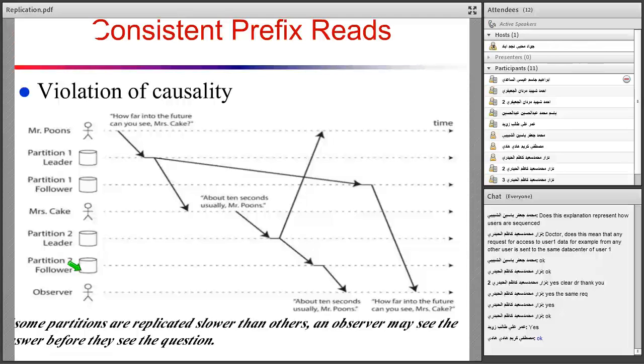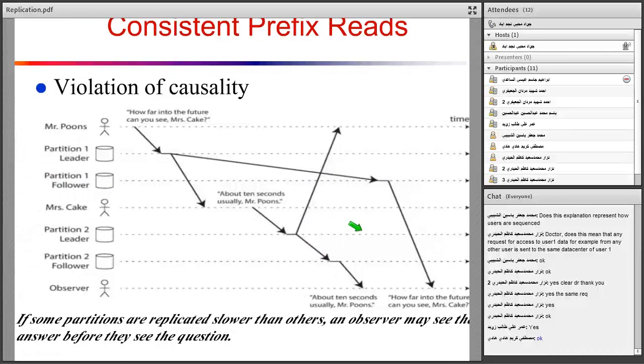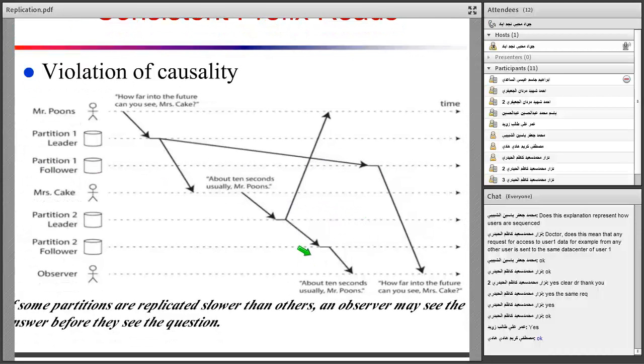But we can see the follower of partition 2 gets the latest information sooner than the follower of partition 1. In this figure it's clear.